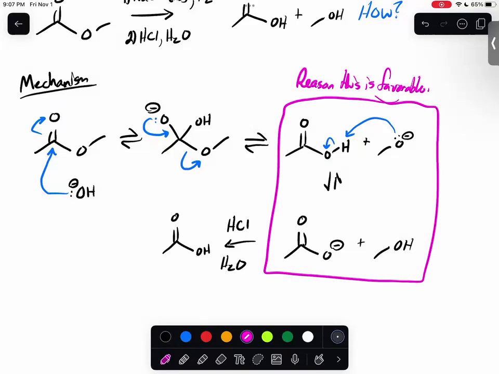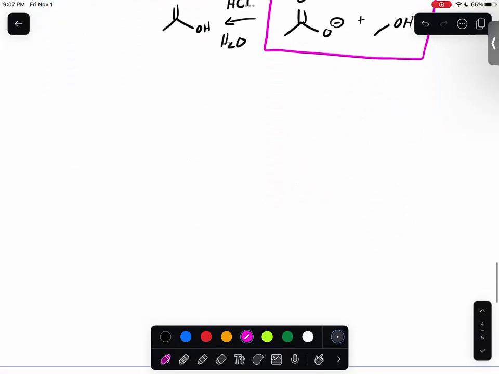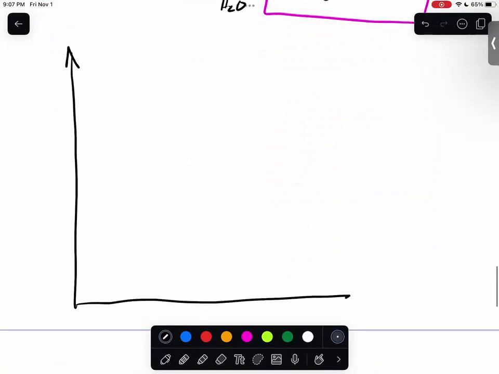Let's look at it in terms of energy. So in terms of energy, if we were to draw one of our classic energy diagrams, the reactants are going to start up here at a relatively decent energy. And upon addition, we're going to end up going up to some intermediate.